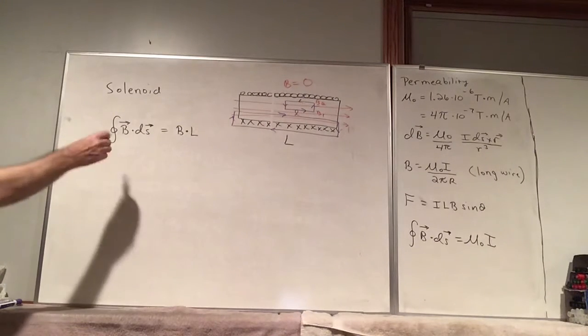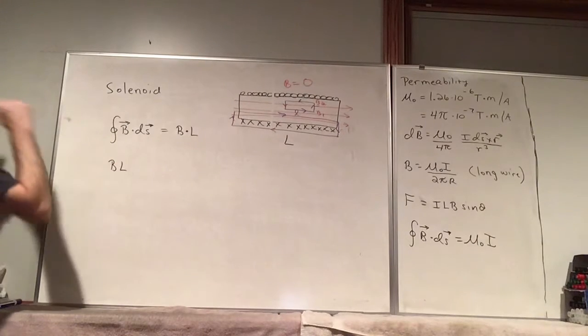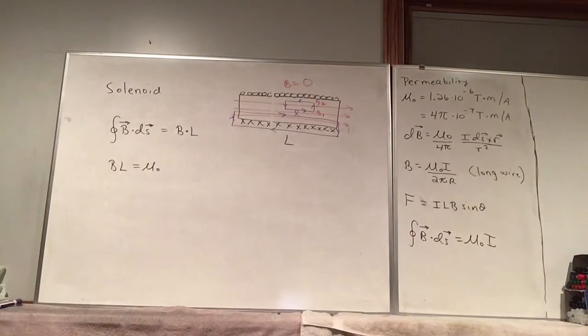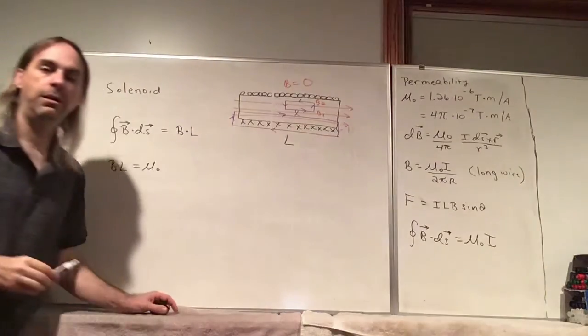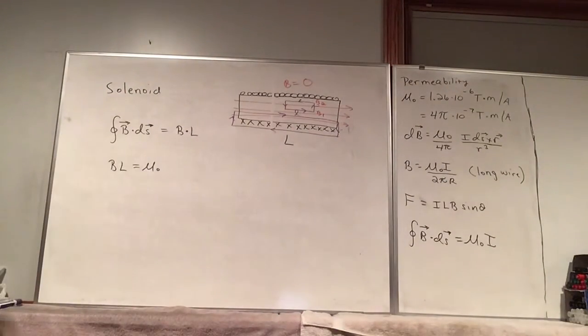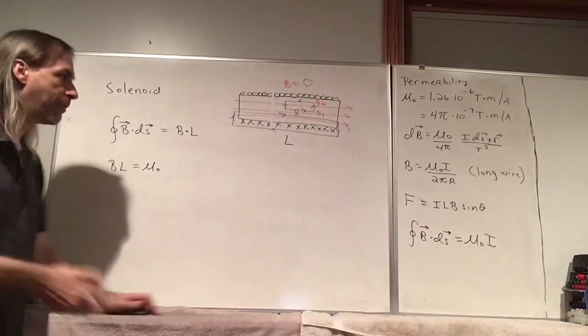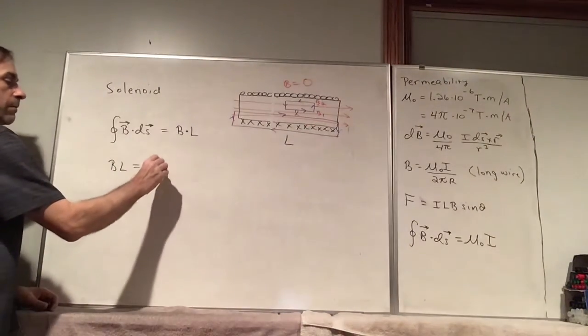And so according to Ampere's law, we have B times L is equal to mu naught times the current. Now, what current are we talking about? We're talking about the current that's crossing this region defined by our curve. Now, the current in the wire is I. However, it's crossing multiple times.